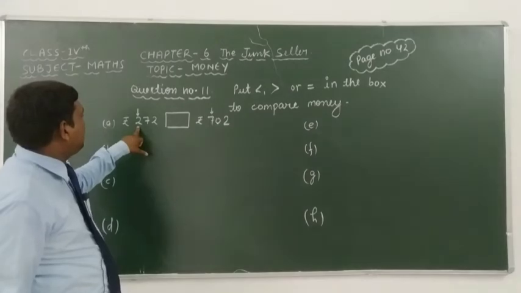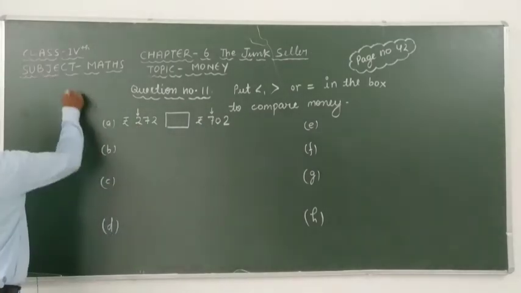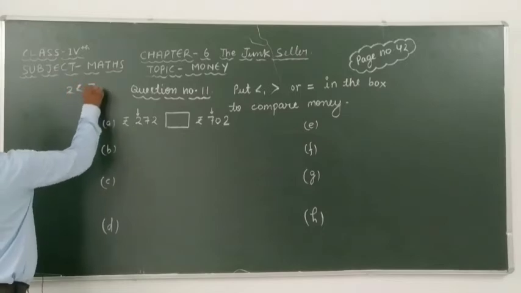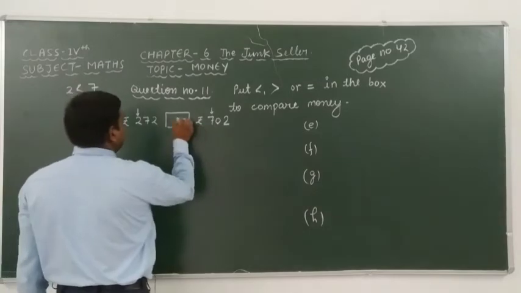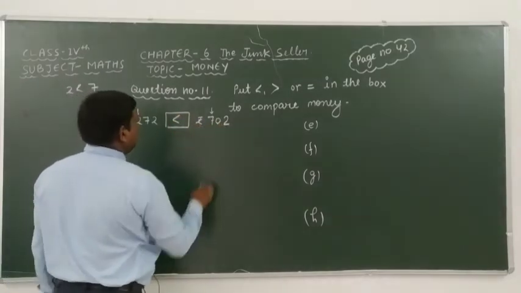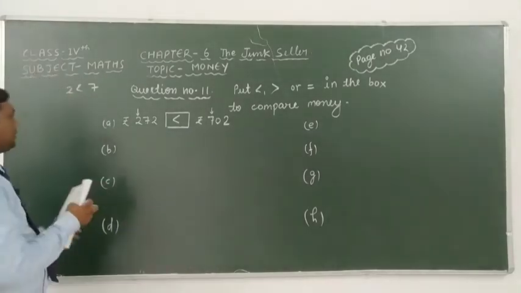Yes, we know that 2 is less than 7, therefore rupees 272 is less than rupees 702. Understand? Similarly, we can solve all given questions.